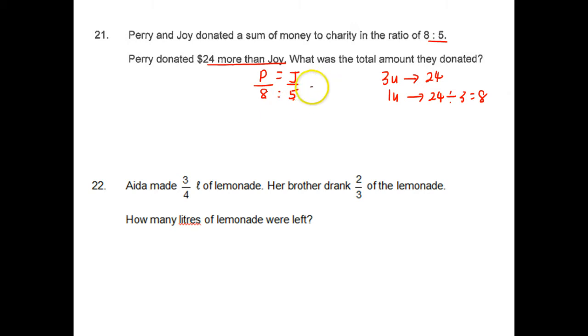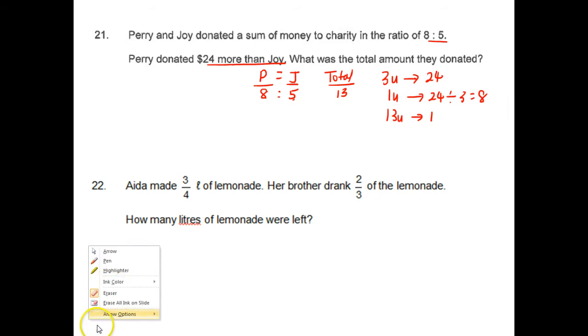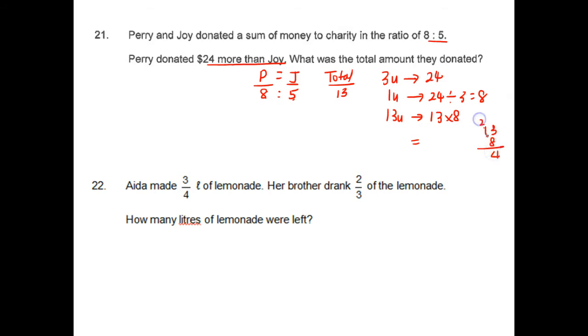Total amount is 13 units. So 13 units will be 13 times 8. 3 times 8, 24. 1 times 8, 8 plus 2 is 10. So $104.